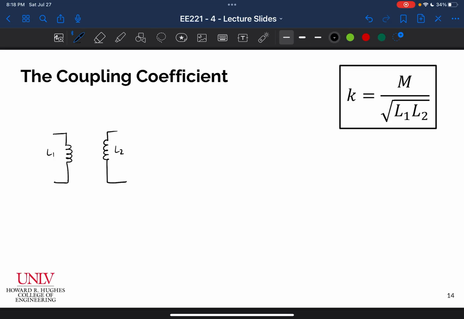When we draw these circuits by hand, the textbook problems are typically going to give you the mutual inductance between these two coils, M. You'll notice that I'm writing M now instead of M12 or M21.